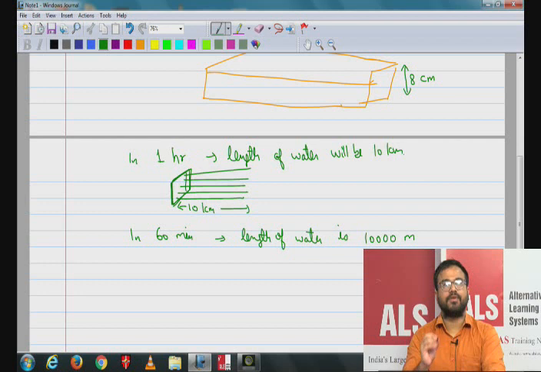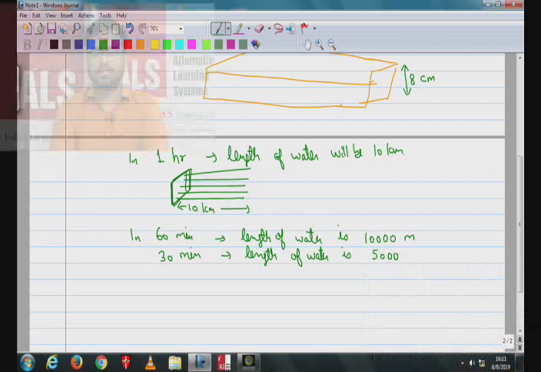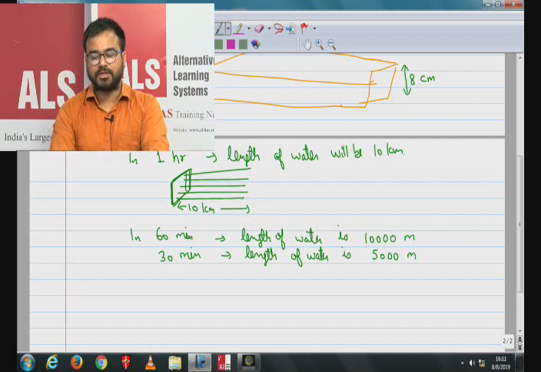And since we have to find how much volume there will be in 30 minutes, the length of water in 30 minutes is just half of this, which is 5,000 meter.